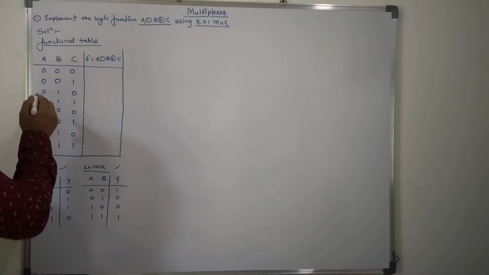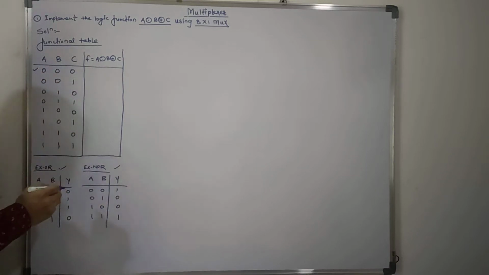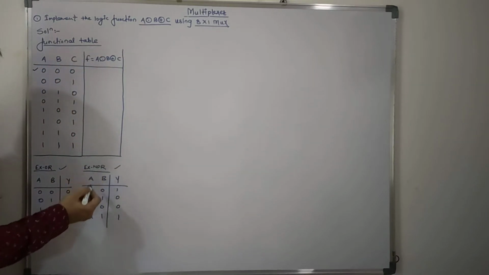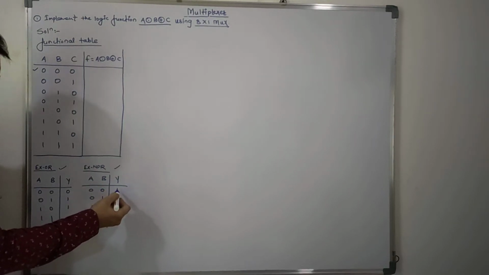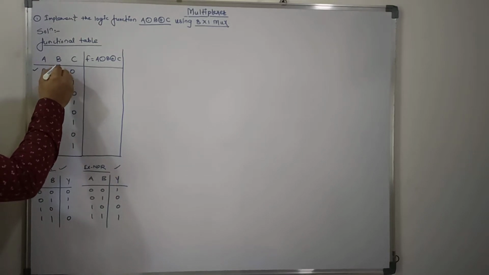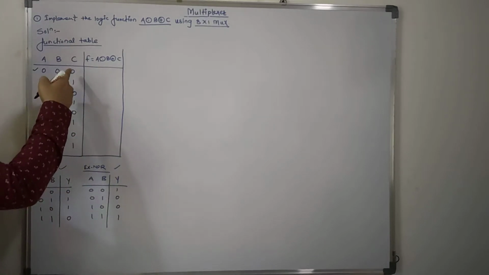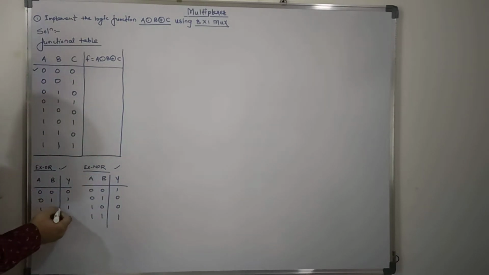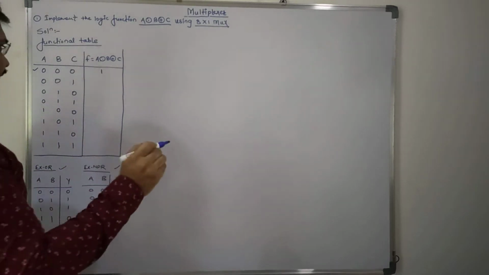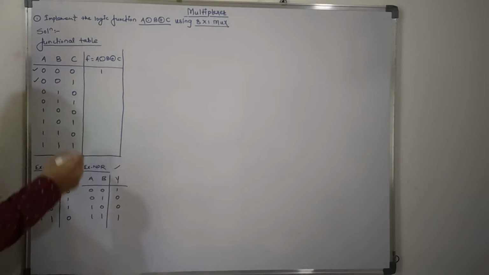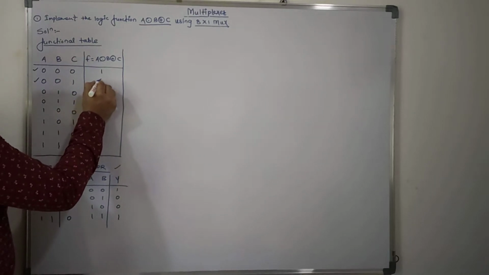First, we consider A and B. For 0 0 0, A XNOR B is 1, then 1 XOR C, that is 1 XOR 0, is 1. So the value here is 1. Next, for 0 0 1, 0 XNOR 0 is 1, and 1 XOR 1 is 0.